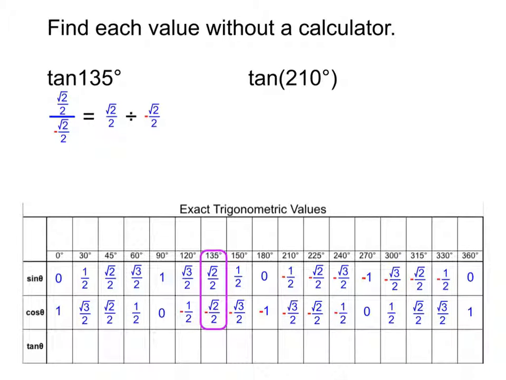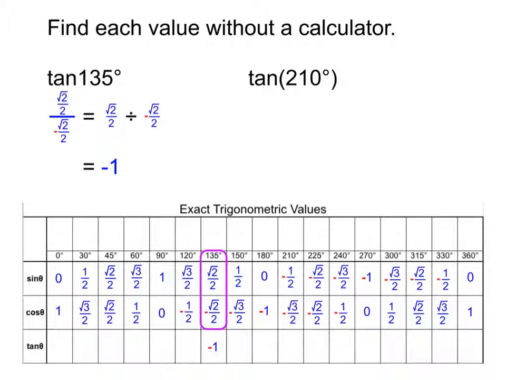What is anything divided by itself? 1. And a positive divided by a negative is a negative. So it's negative 1. I didn't even have to do a whole bunch of fancy math work on this one. I could just look at it and know. Now, could you go and do it the long way? Yes. And if you really want to, you are welcome to. I didn't want to, so I didn't.